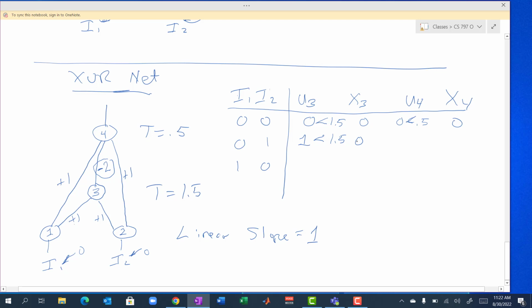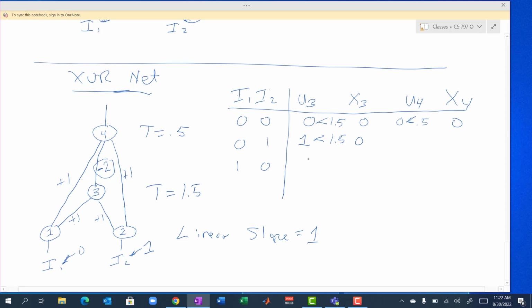Now let's do neuron 4. We get a 0 times 1 plus, sorry, plus a 1 times 1, because now we've got our input here is a 1. Sorry, back up.